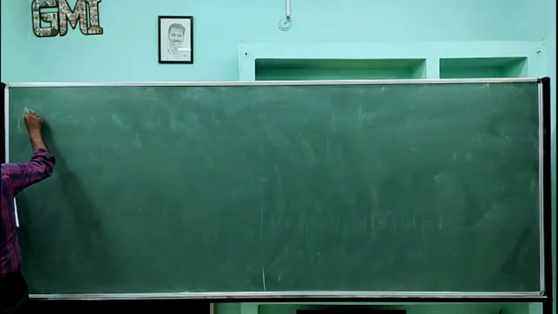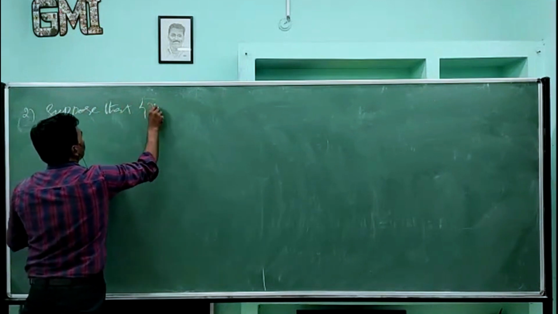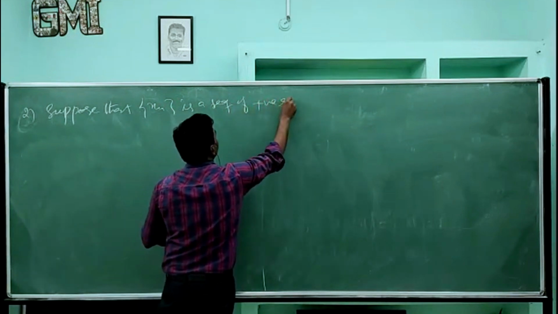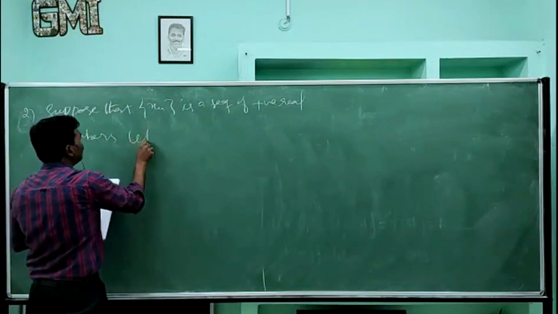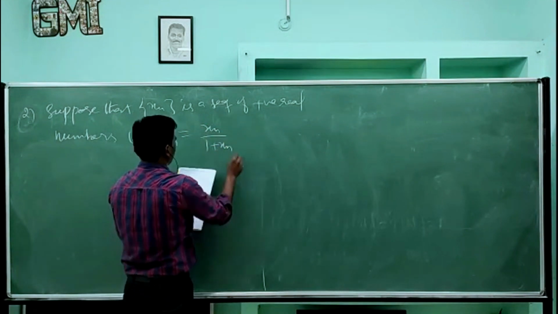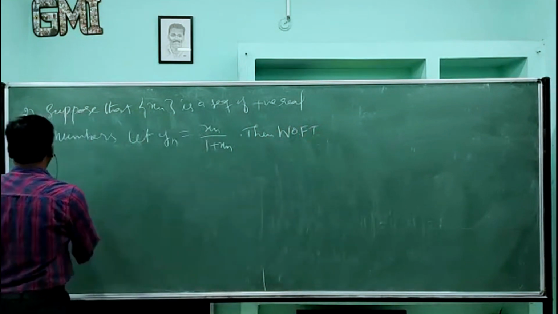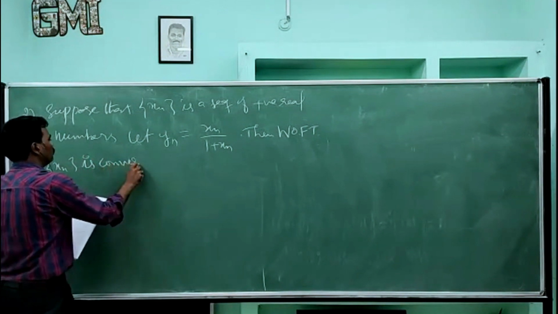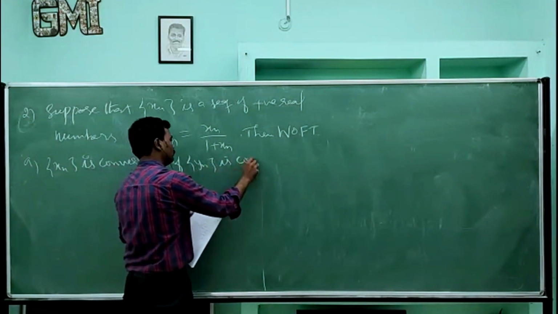Just another simple problem. Suppose that xn is a sequence of positive real numbers. Let them define yn equal to xn by 1 plus xn. Then which of the following are true? Option A, xn is convergent if yn is convergent.